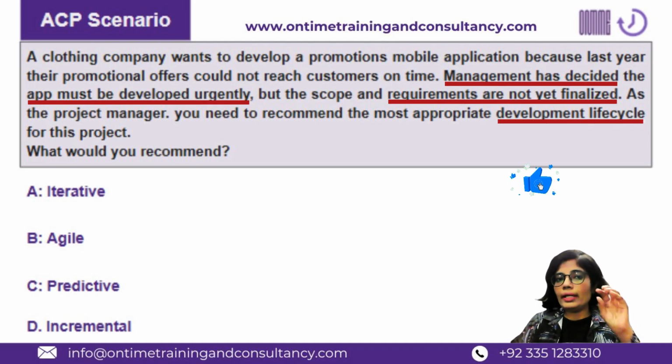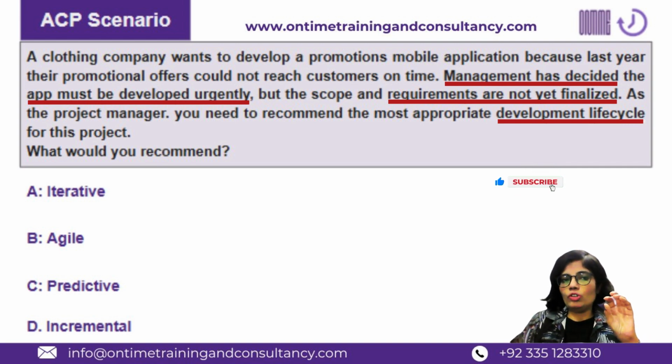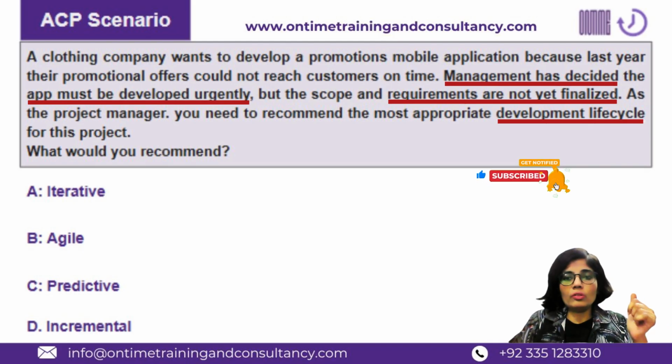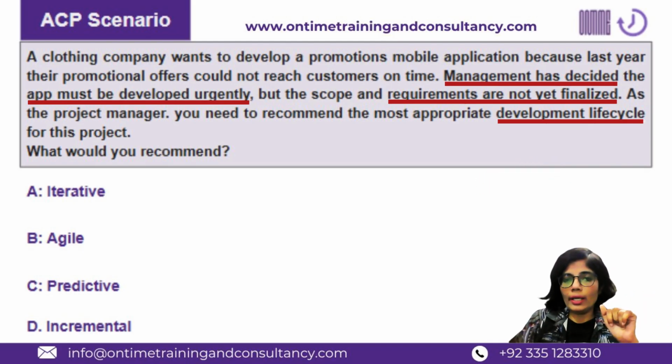So you can see that there is a particular situation. There are certain constraints that this mobile application has for the company, and based on that, they want you to recommend the best development life cycle to them, which is the management's expectation in most of the cases.